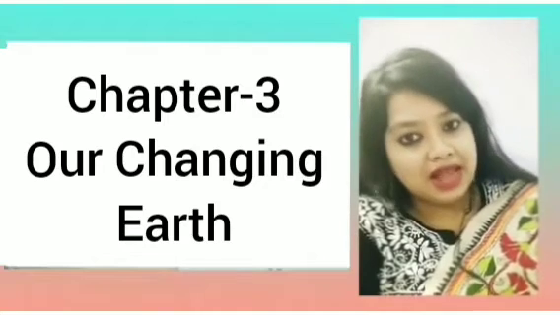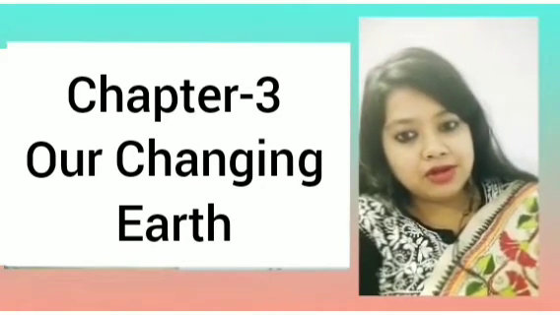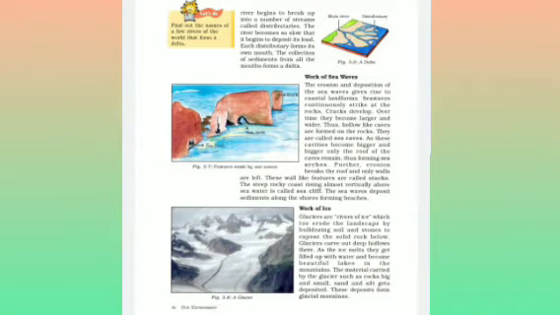So we have to know what the natural agents of erosion are. First is water, then we have moving ice or glaciers, we have wind, we have sea waves, etc.